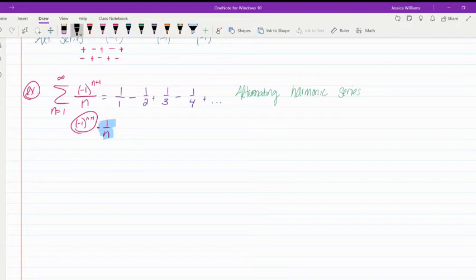So let's see if this one converges or diverges. First thing we do is we take a limit as n goes to infinity. So here's what I mean by ignore the alternator. All of the work I do inside of proving this does not include the alternator. I'm just going to use this 1 over n. Oh, I get 0. Great. Second thing I do is I have to prove my terms are decreasing.